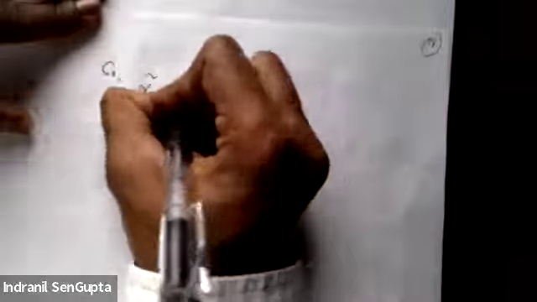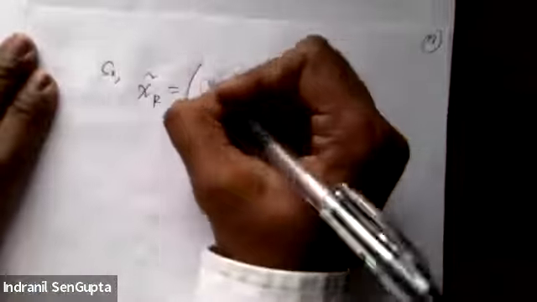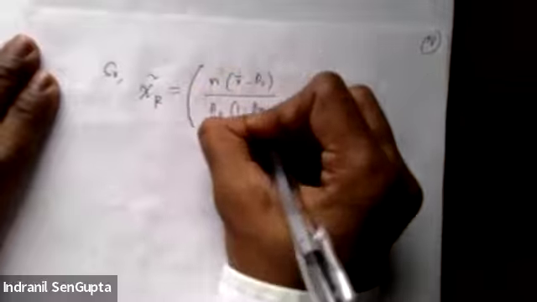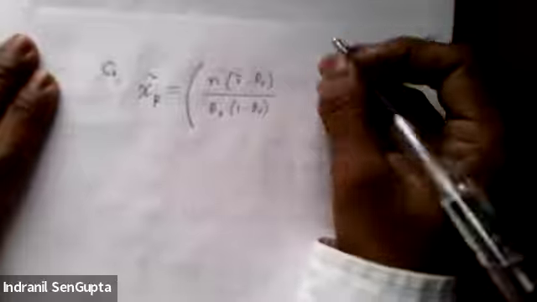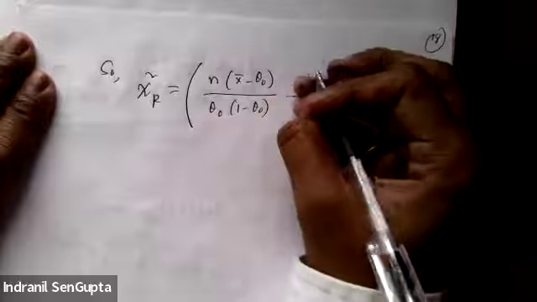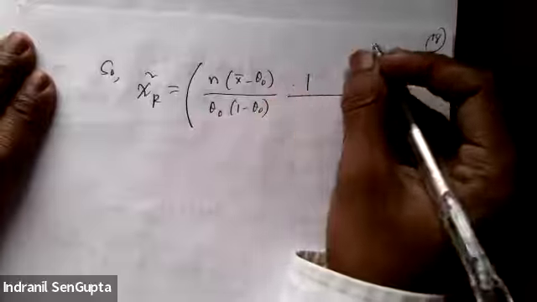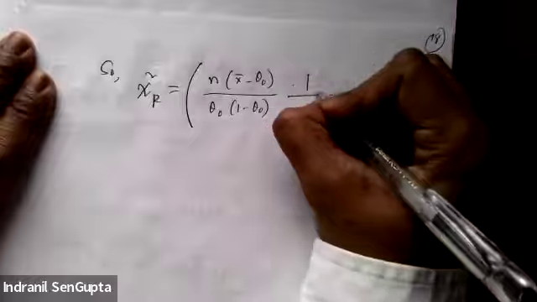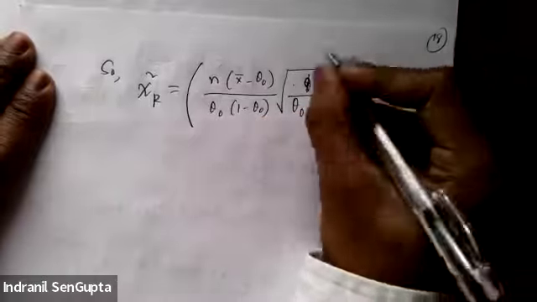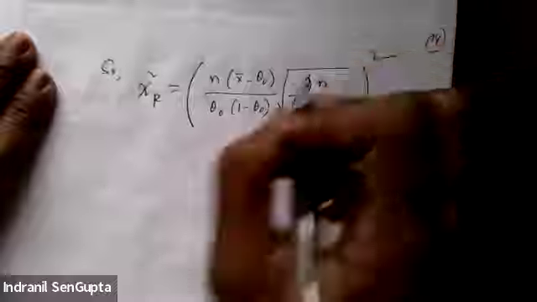Hence, chi squared R is really equal to n x bar minus theta 0 over theta 0 times 1 minus theta 0, and then we write this with 1 over square root of n. We have done this before. So it's basically square root of n theta 0 times 1 minus theta 0 from the last one, squared.